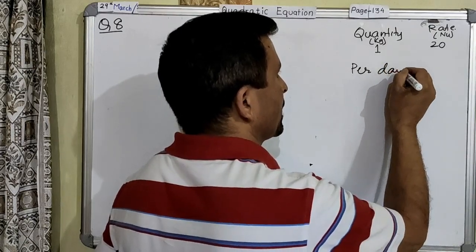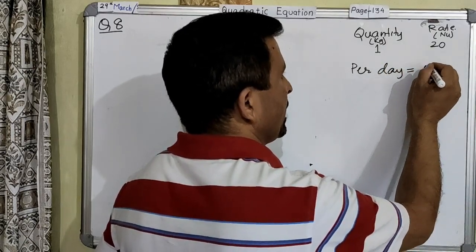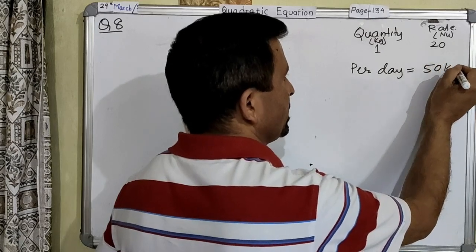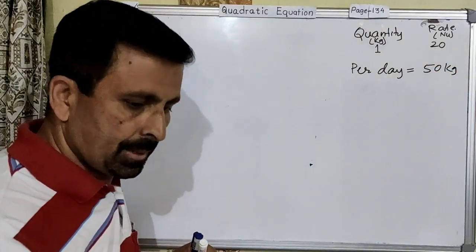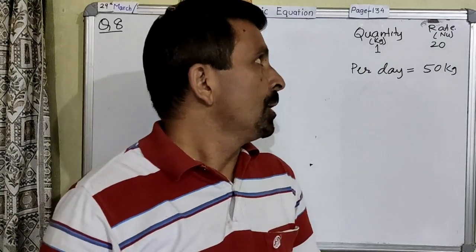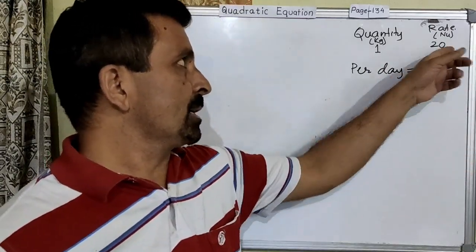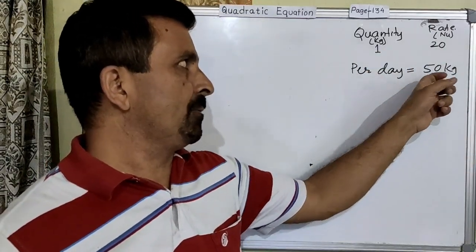This is the condition: when the rate is 20 Newton per kg, then she is able to sell 50 kg.